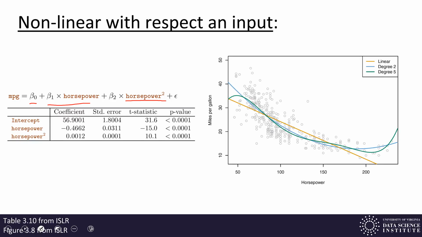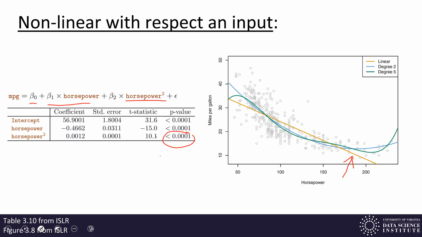And so when we do this regression, we get the table here. And you'll notice that the t statistic for horsepower squared and the p-value tell us that this horsepower squared term is significant. And on the plot on the right-hand side, you'll notice that the linear regression, shown in gold, gives us a decent fit, some measure of trend.